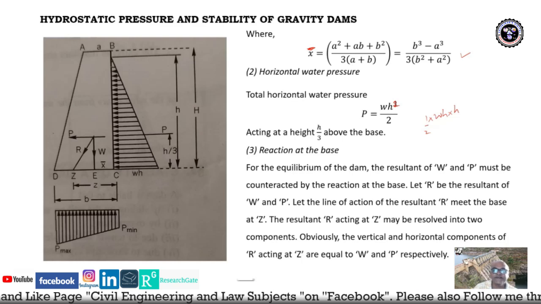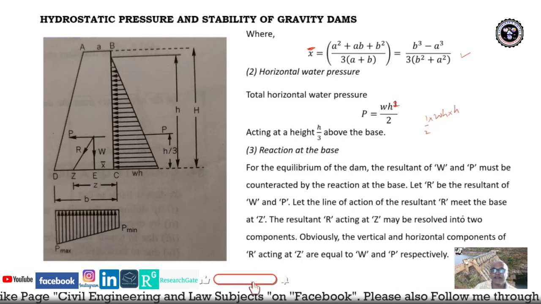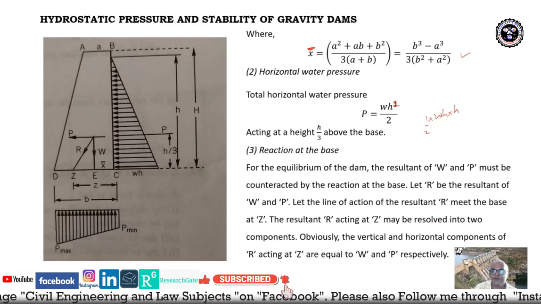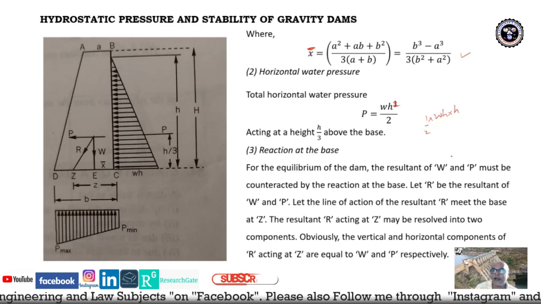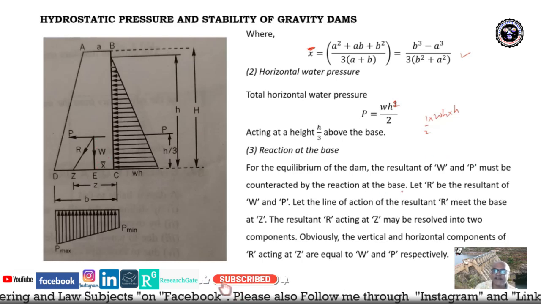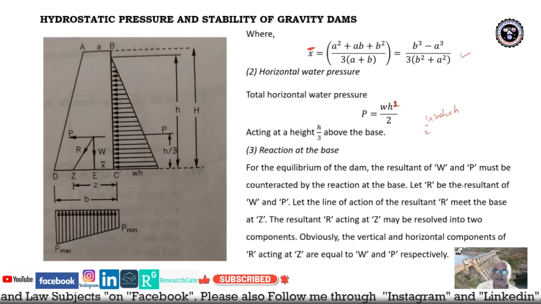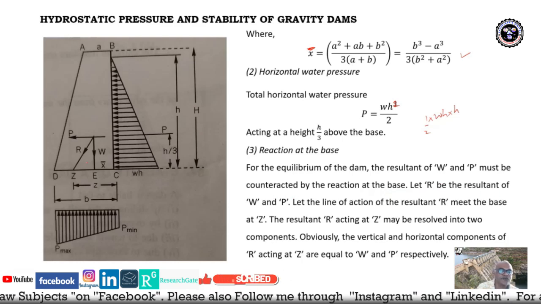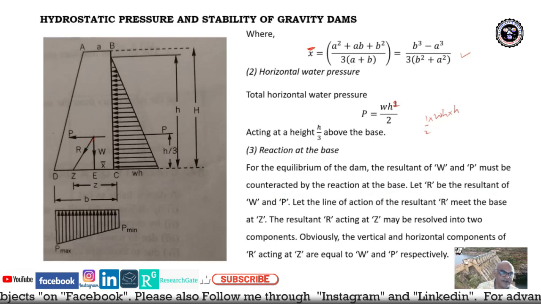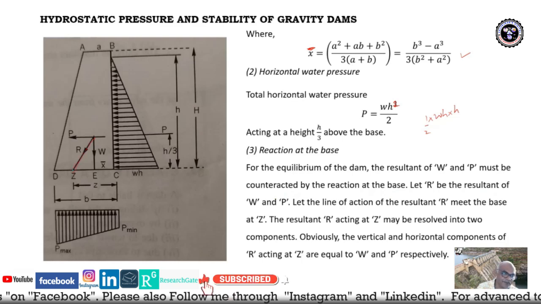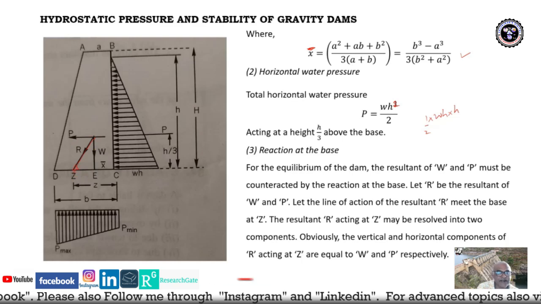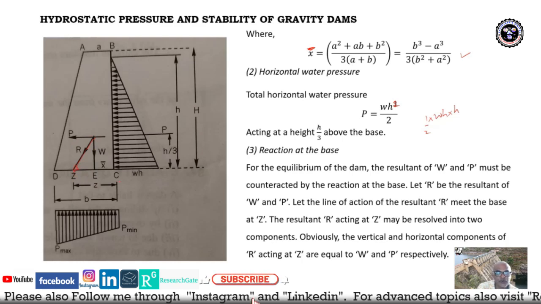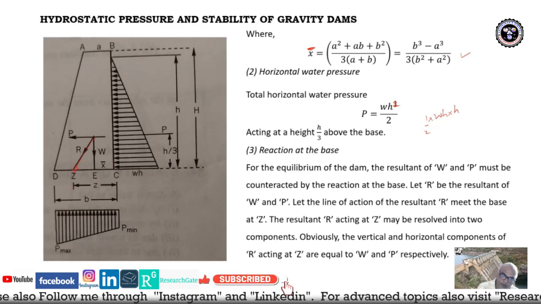Reaction at the base: for the equilibrium of the dam, the resultant of W is vertical because the weight is acting vertically here, and P must be counteracted by the reaction at the base. Let R be the resultant of W and P. This resultant force R, because of the weight of the dam and water pressure, will act at point Z, which is located at a distance from the vertical face.